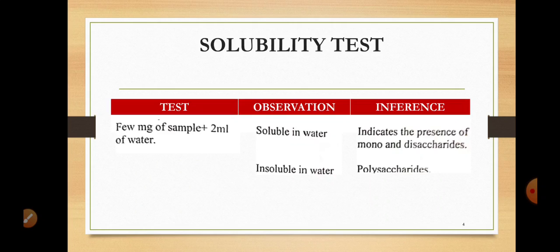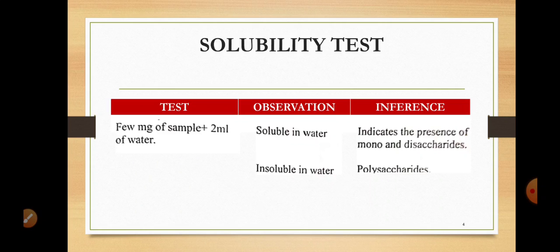After the addition of water, the test tube should be shaken well in order to try to dissolve the sample. After shaking it properly, we need to look for either of the following two observations.